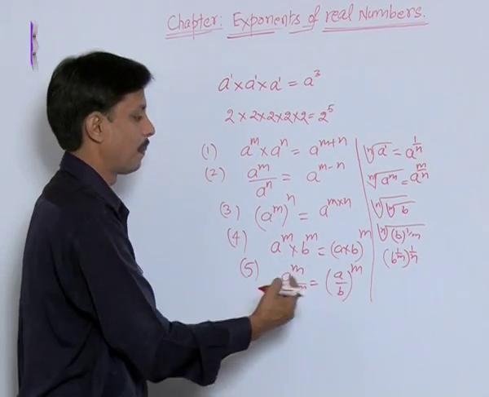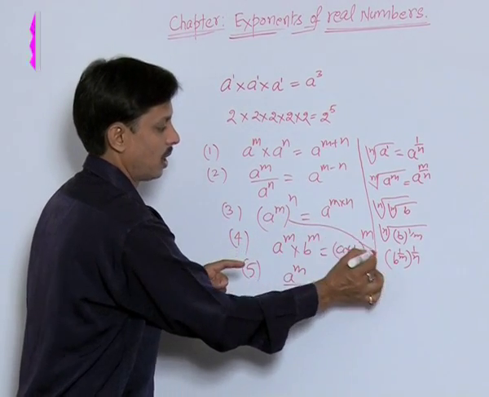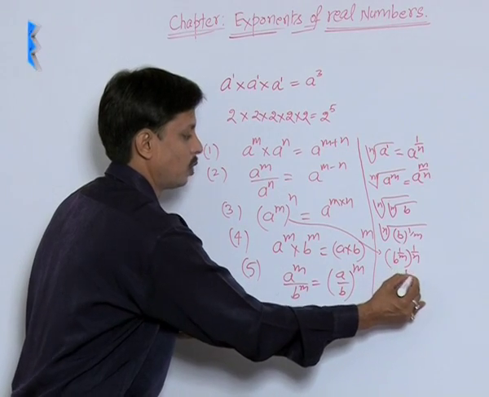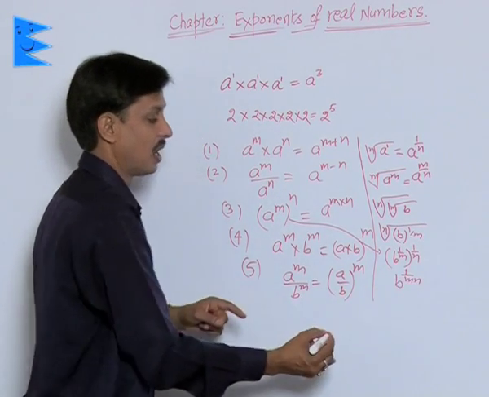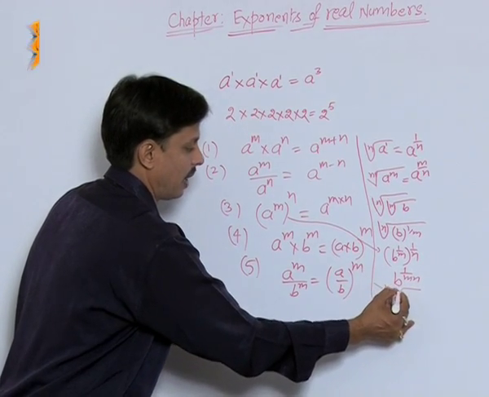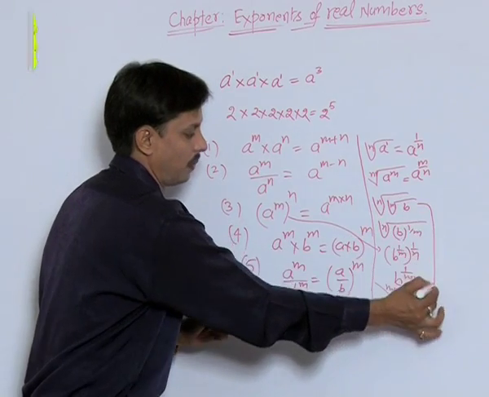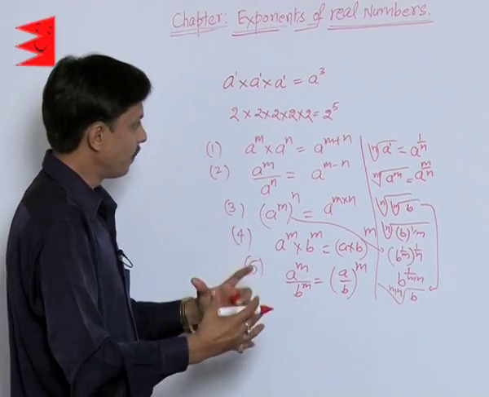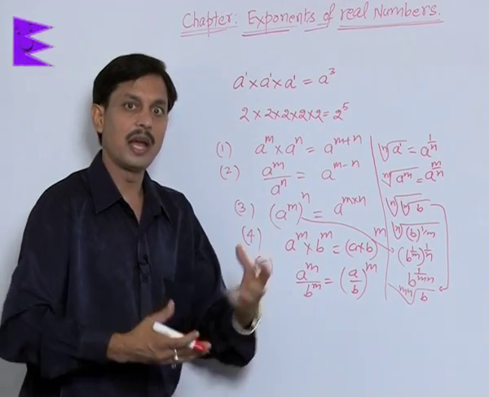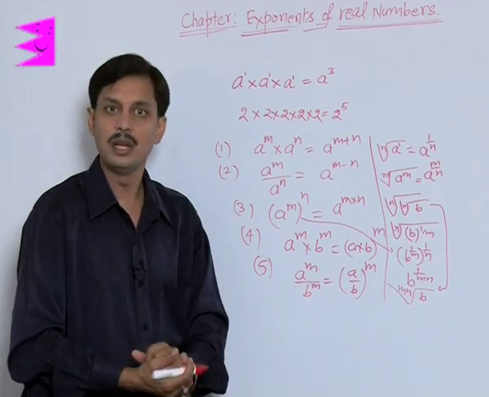If I apply the power-to-power rule here, I will find the answer as b raised to the power 1 upon mn. In notation I can write the mnth root of b as the simplified value of this. So we will see which rule is applicable, and according to the required rules we will solve the problems.